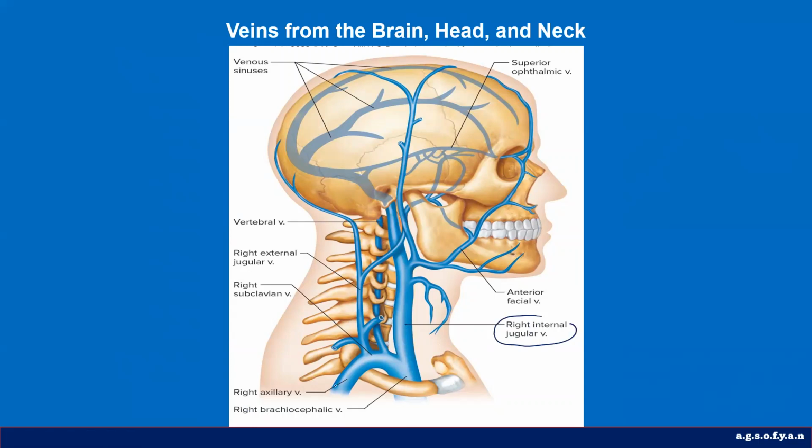And then the right axillary vein, and this is coming from the right arm. All will combine into the right brachiocephalic vein, and finally will enter into the superior vena cava. This is the right external jugular.